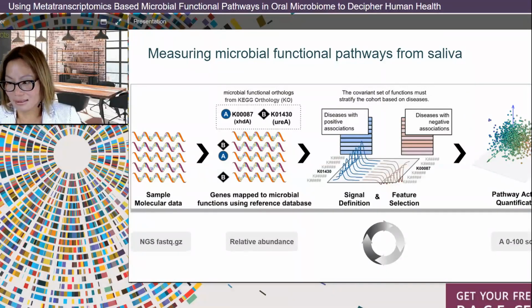And then the last figure shows that we use a mathematical aggregation to combine the relative abundance of this winning set of KOs into one numerical value. It's a score between 0 and 100. 100 is the good direction, 0 is the bad direction. You know, a score between 0 and 100, it's very intuitive.